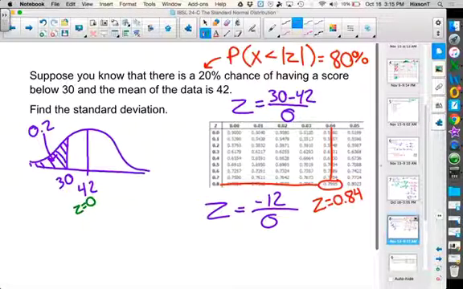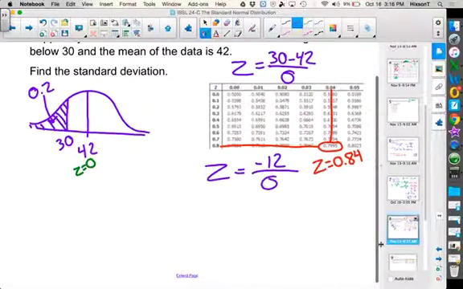Now again, Monday we'll see a calculator function that'll allow us to figure this out a little more precisely for exactly 0.8. Okay, but when you're using a table like this, you'll just get as close as you can to 0.8. All right, so now we can plug that in and we can figure out what sigma is. Okay, so 0.84 equals negative 12 over sigma.